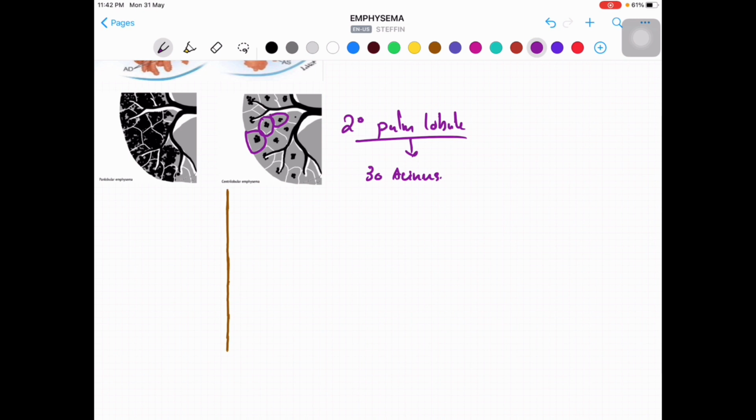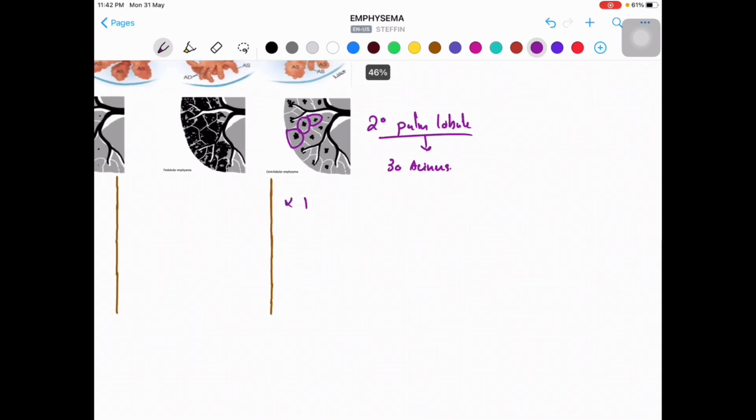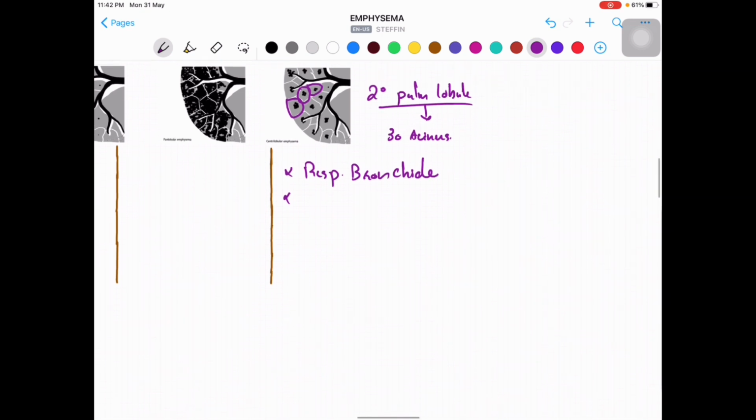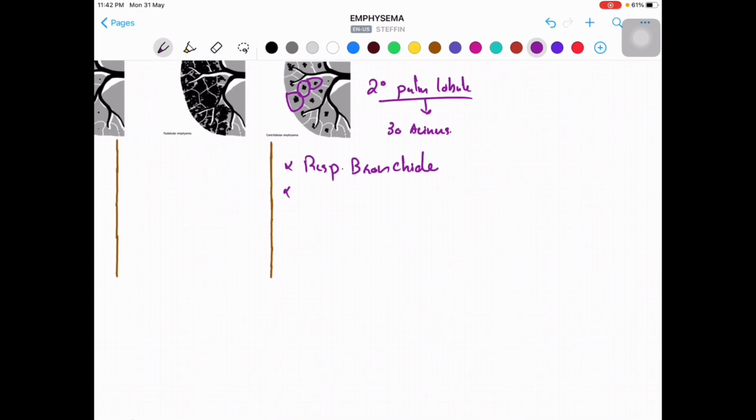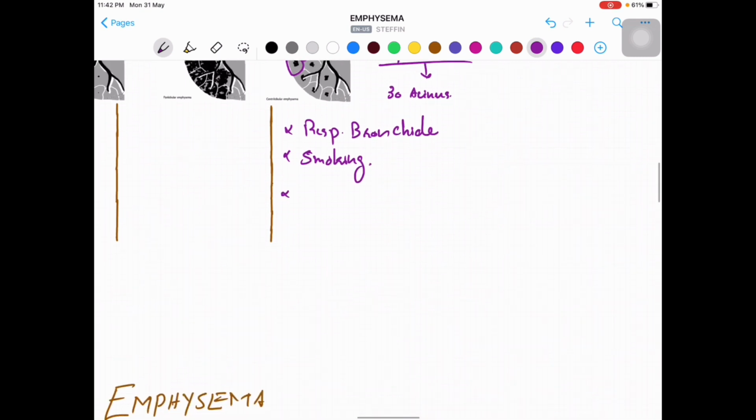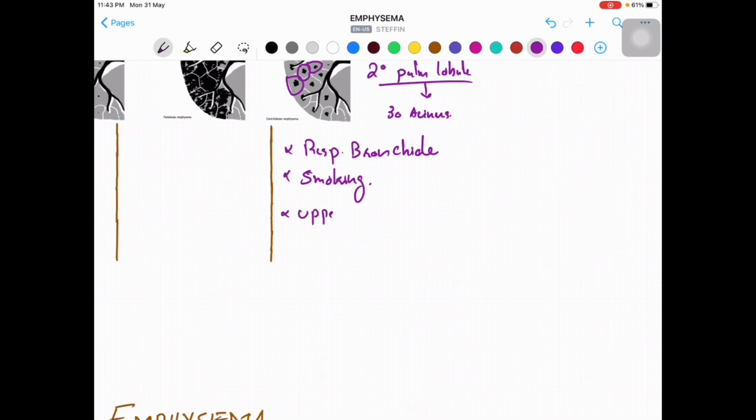As we studied before, acinus is the functional unit of lung. So centrilobular emphysema affects the central portion of the acinus, meaning the respiratory bronchiole is affected. The common cause is smoking, and it mainly affects the upper lobe.